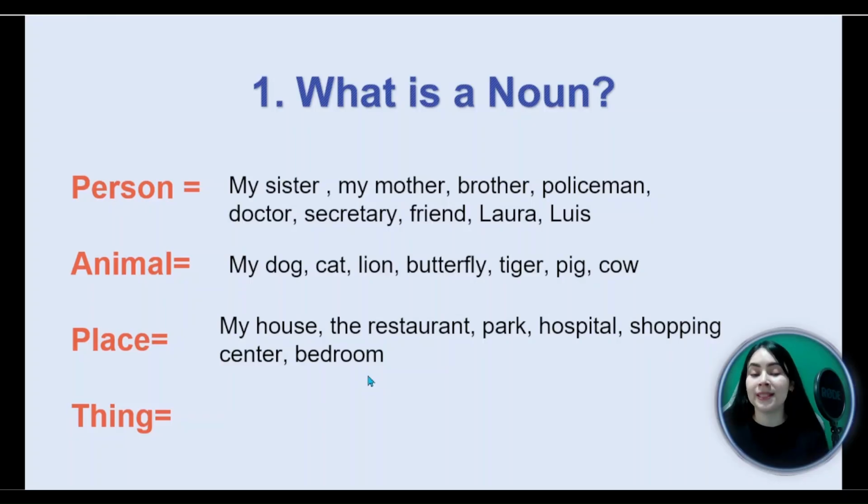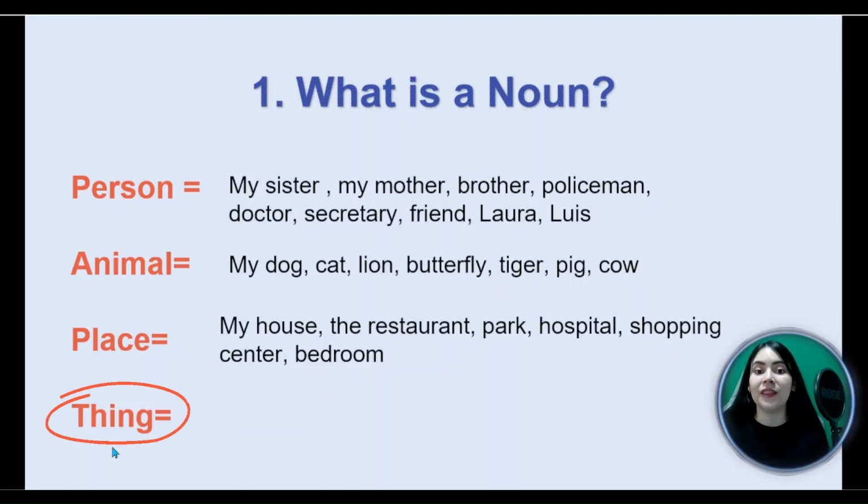These are some examples of places. These are some examples of animals. And these are some examples of people.